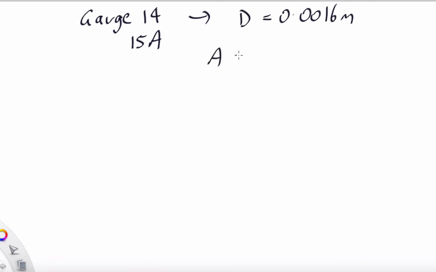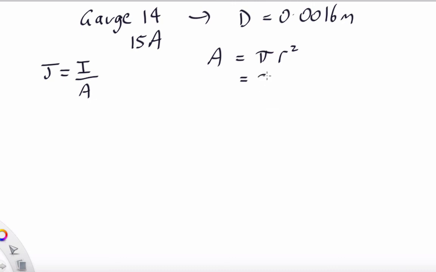So we need the cross-sectional area because our current density is just current over area. Cross-sectional area, pi r squared, and r is 0.0008.